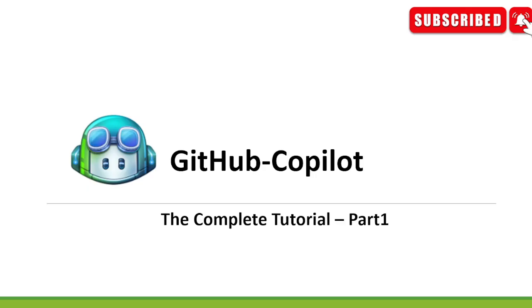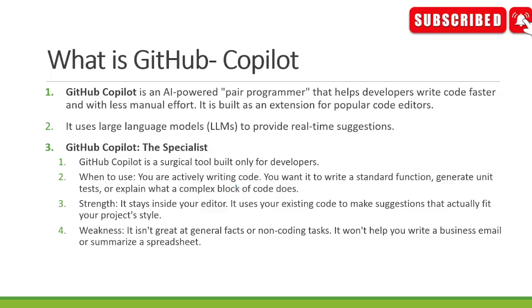So today we are going to discuss a few things, and the first thing is what is GitHub Copilot. GitHub Copilot is an AI-powered pair programmer that helps developers write code faster and with less manual effort. It is built as an extension of popular code editors.